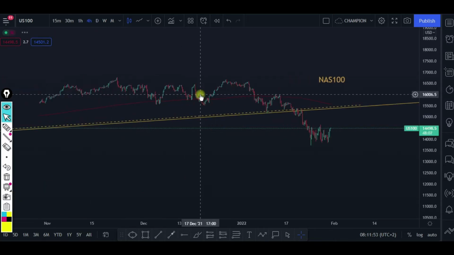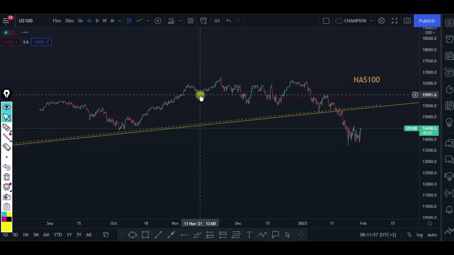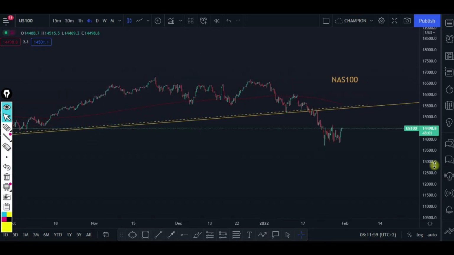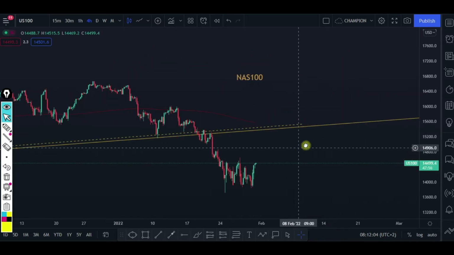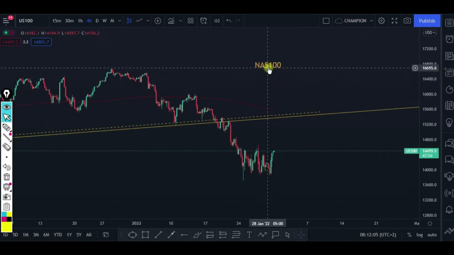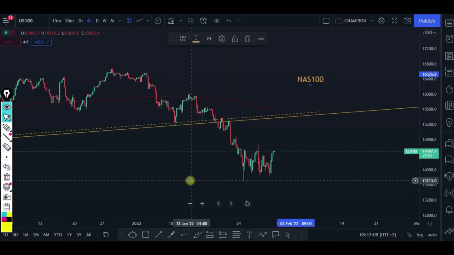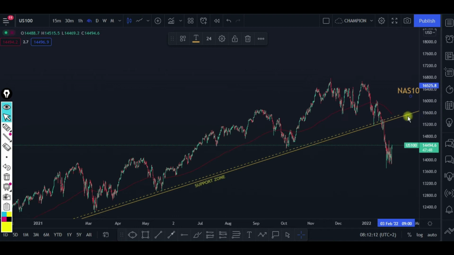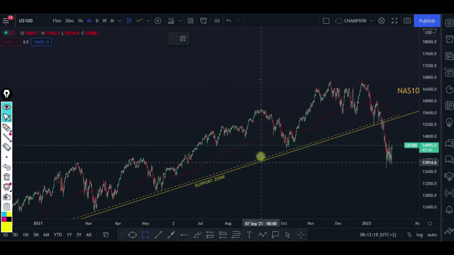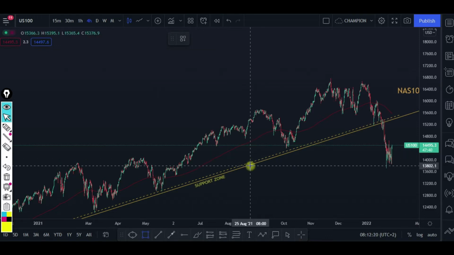Let's jump to the lower time frame and see where the market is taking us. This is Nasdaq 100, don't forget that. In previous days we've been looking for the support where the market will change its movement.